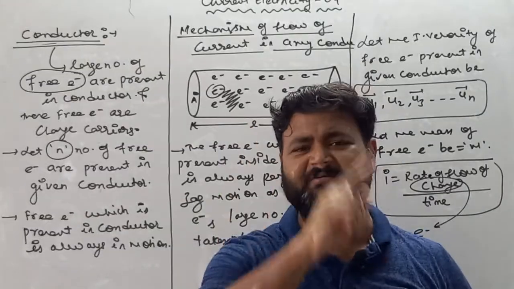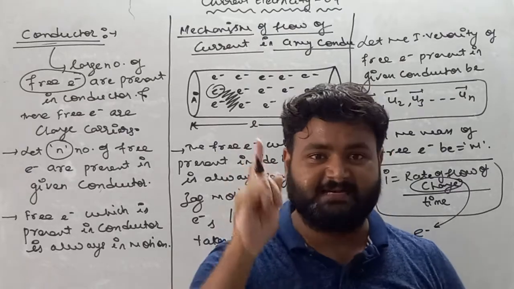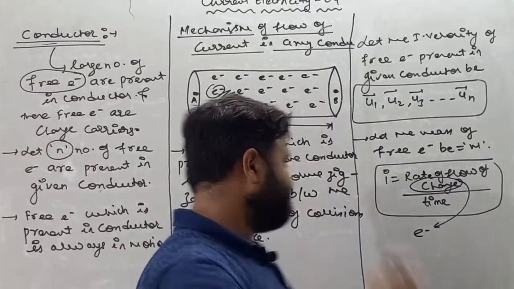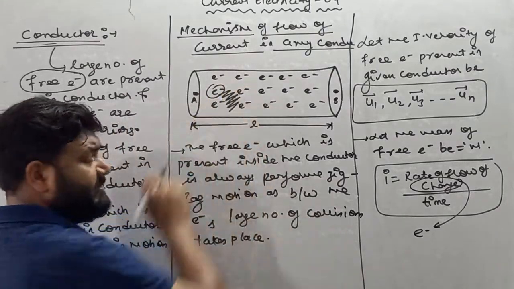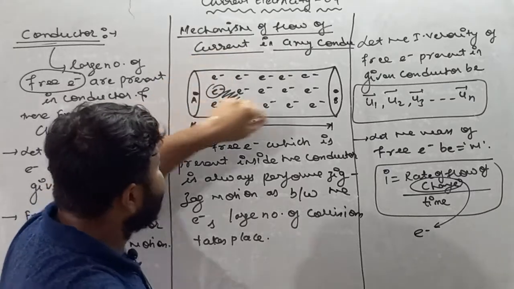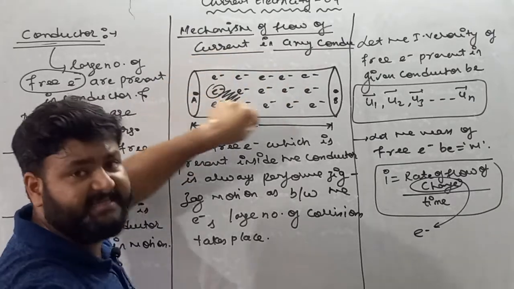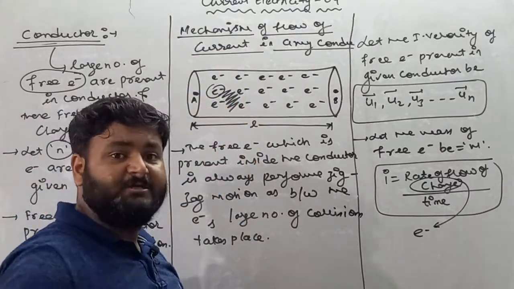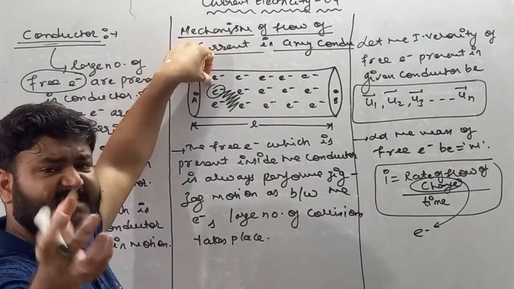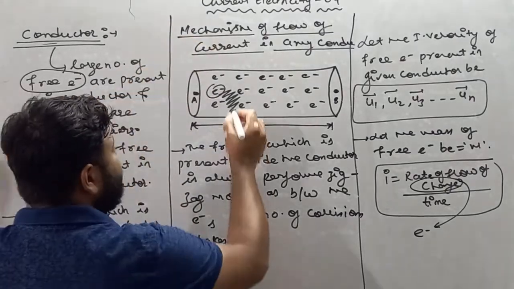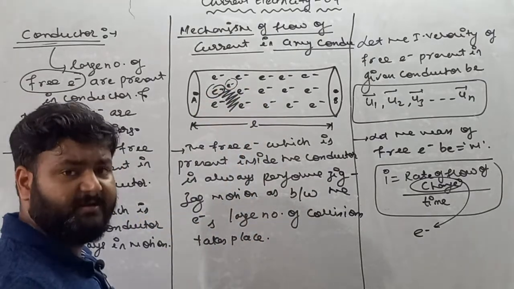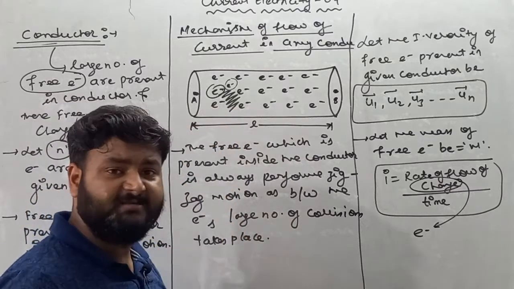There is only one reason why electrons are moving but current is not achieved. See, these free electrons are in zigzag motion because a large number of free electrons are present inside this conductor. So, my dear student, let's suppose this electron starts moving. When it starts moving, it collides with a neighbor electron because so many free electrons are there.